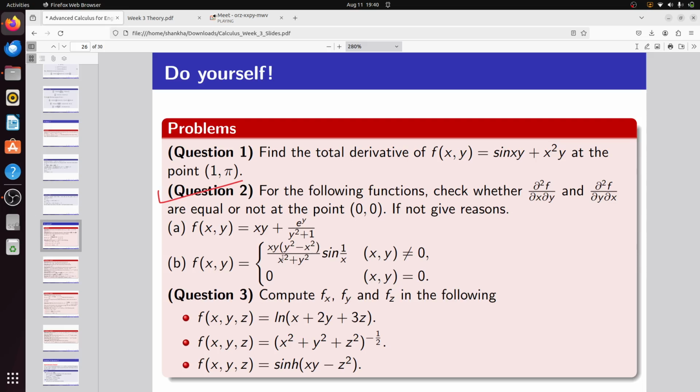That xy into y square minus x square by x square plus y square is continuous at the point 0, 0.